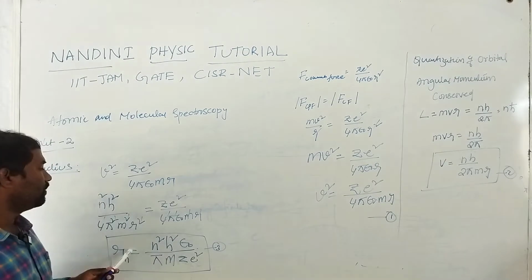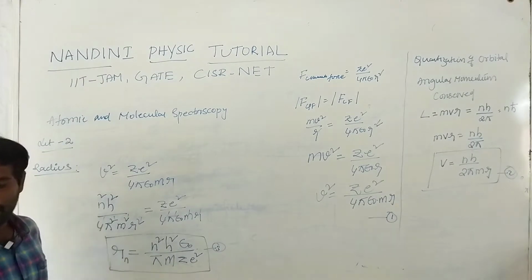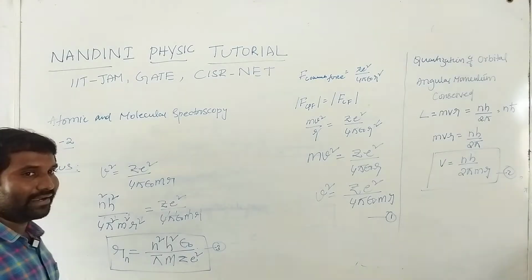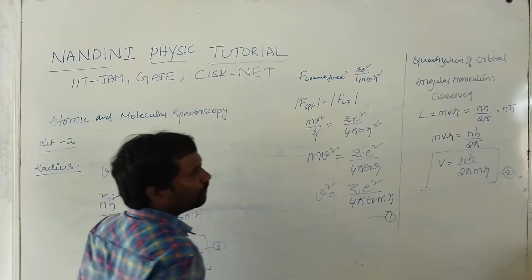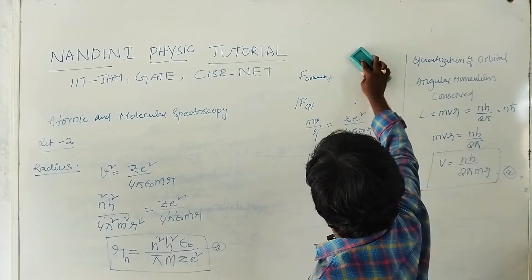This is the equation of the radius of the atom. Now I want to find the velocity using this radius. Simply substitute this r value in equation 2, and you will get the velocity in that radius of the Bohr atom.